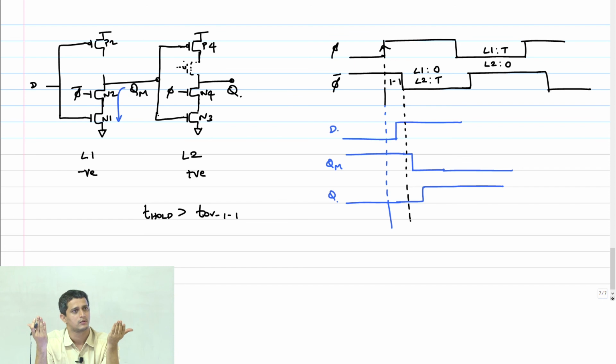It's transparent. That's why you have to very carefully analyze what happens after the overlap period. During the overlap, it's okay sometimes to allow data to go through a little bit. But it depends on what happens after the overlap. If L2 becomes transparent, then you have a problem.